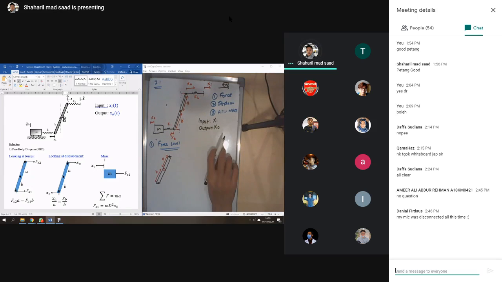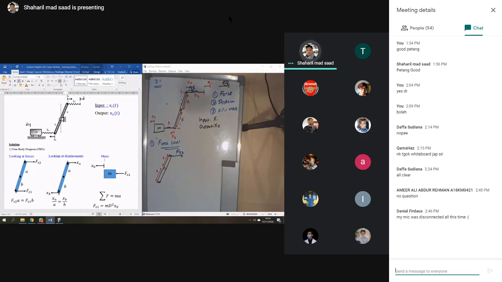So that means when you pull this spring here, you will give the force at this one, which is Fs2. So you will get the force from this one as Fs2. Clear?